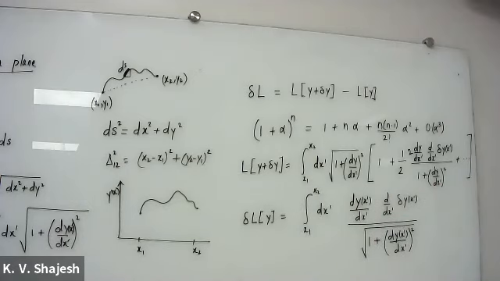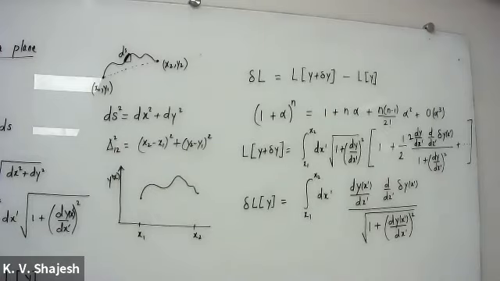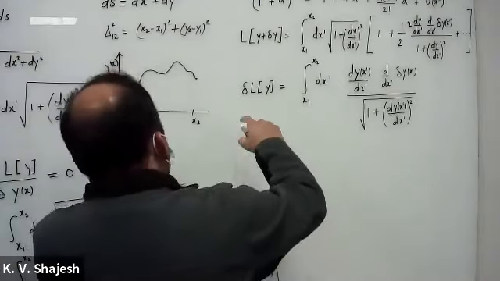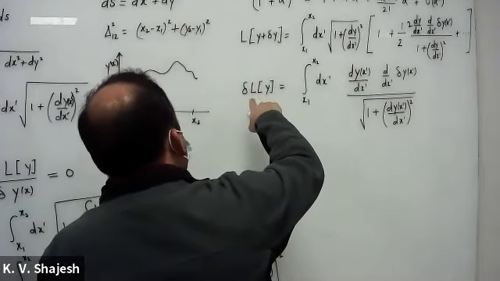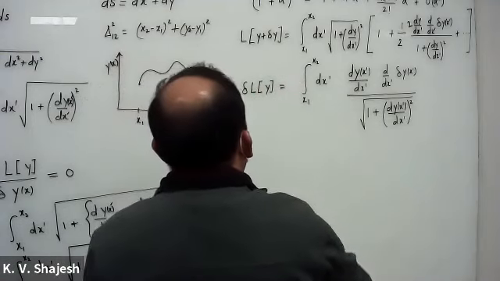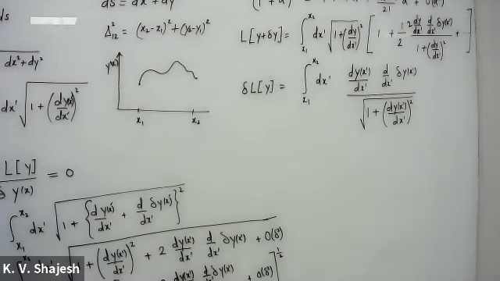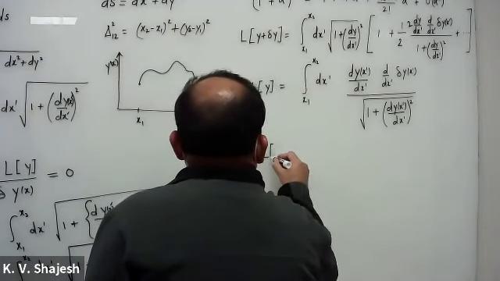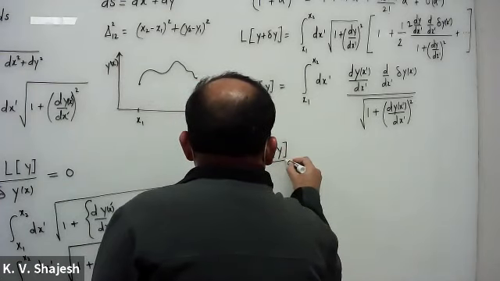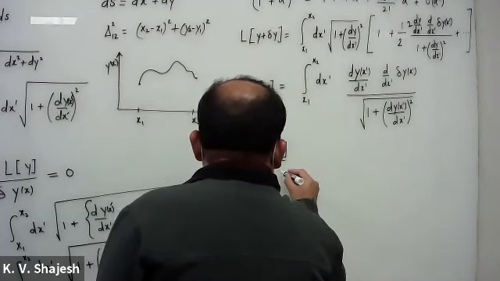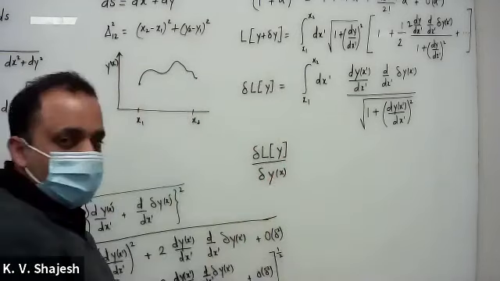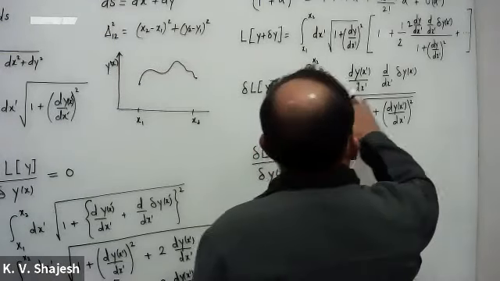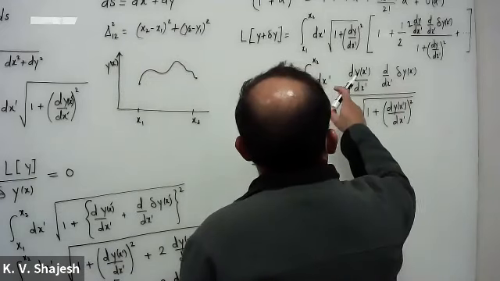But this is the change in the functional due to y, whereas the functional derivative will be the ratio of this to the change itself. So this is delta L of y. We are interested in dividing by delta y of x, some arbitrary function y of x. But this whole thing is a quantity dependent on x prime.